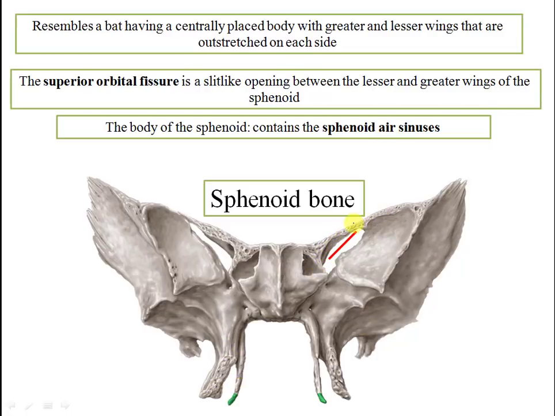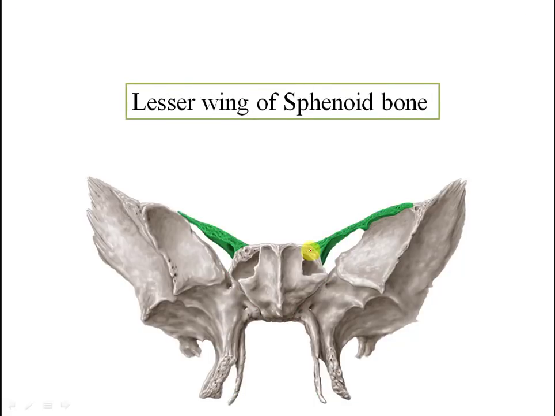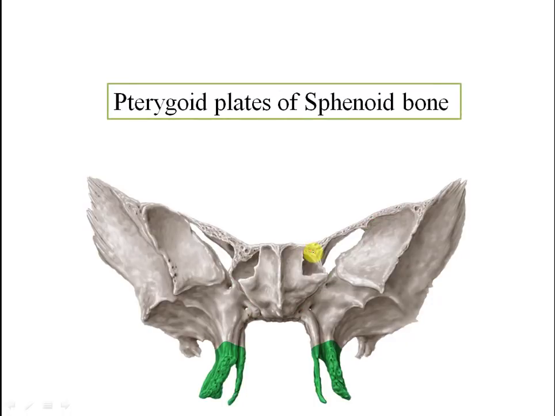Notice here, between the lesser wing of the sphenoid and the greater wing of the sphenoid, we have this fissure. We are going to talk about this fissure later on. The body of the sphenoid, lesser wings, greater wings, and these plates are called the pterygoid plates of the sphenoid bone. We have one medial and one lateral: the medial pterygoid plate and the lateral pterygoid plate.